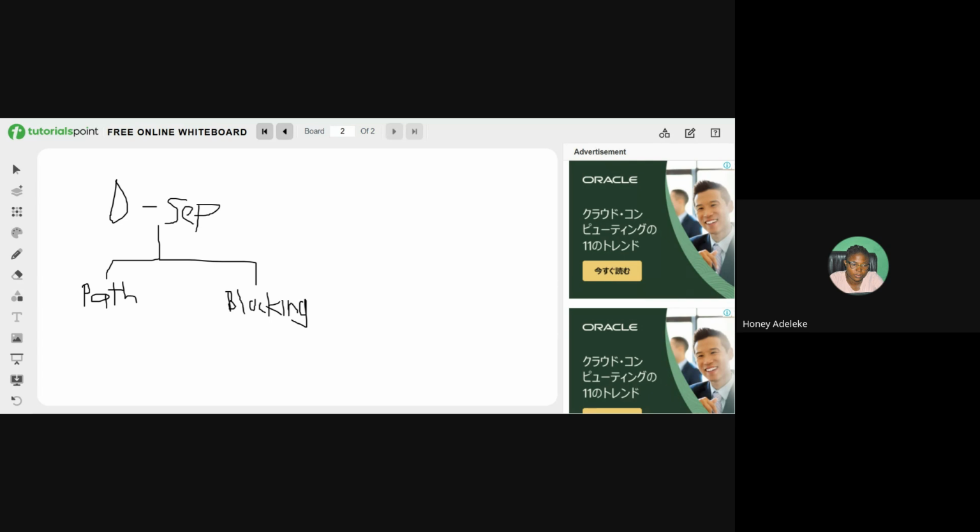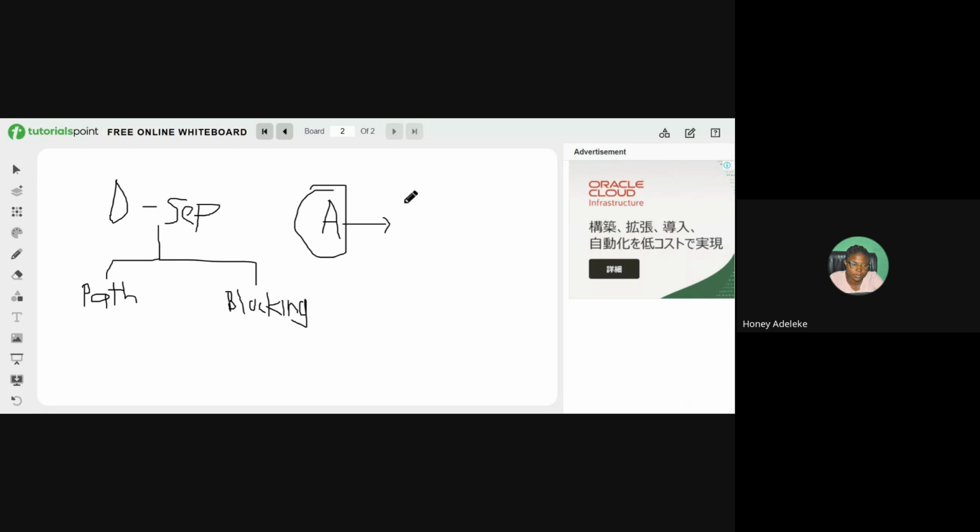So for example, when we have something like this, we have A, B, say we have C, so this is a path.